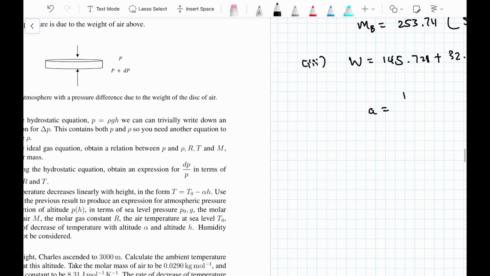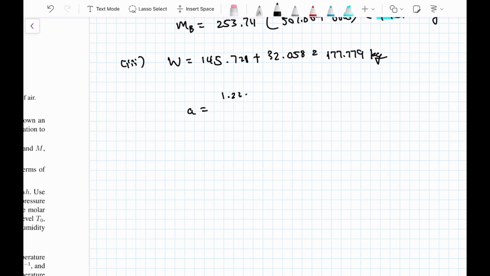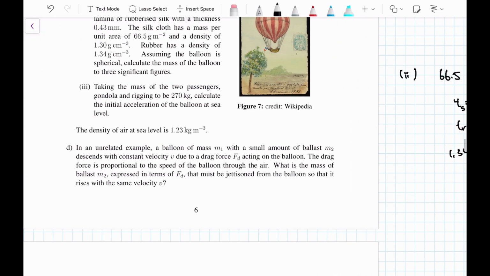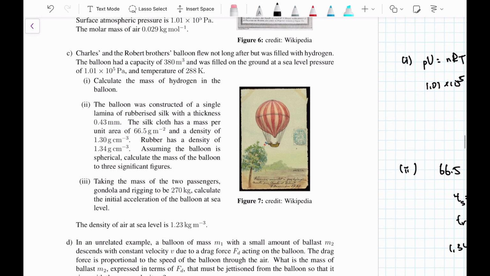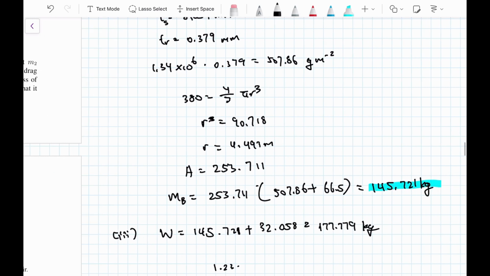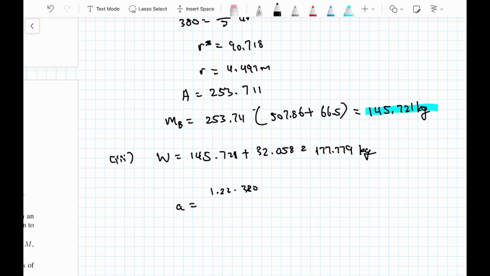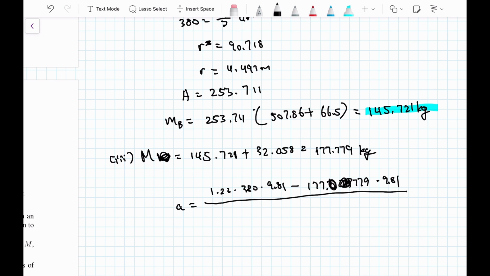The density of air is given, 1.23 times the volume of the entire balloon, assuming that we neglect the volume of the passengers, and that should be 380, times the gravitational acceleration, which is 9.81, and then minus the mass, times the gravitational acceleration, which is the weight of the balloon, and then divided by the total mass.